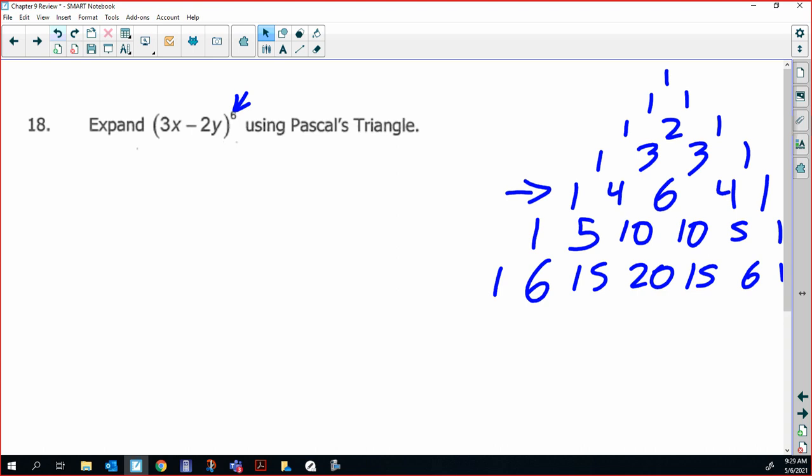So when we do these, you write each of those numbers with both parentheses. Each of them with both parentheses.